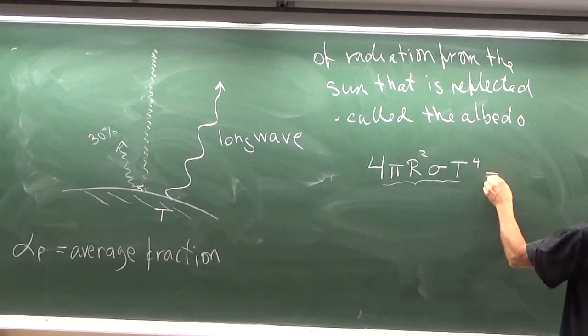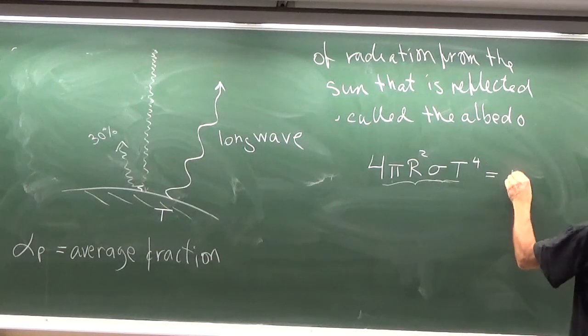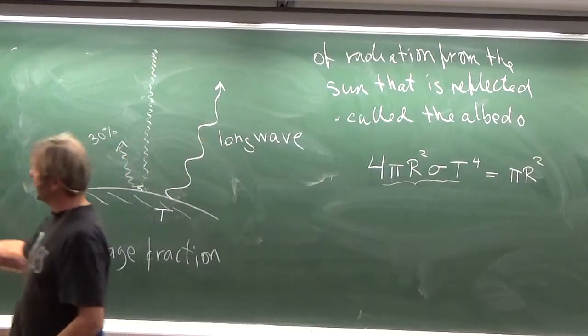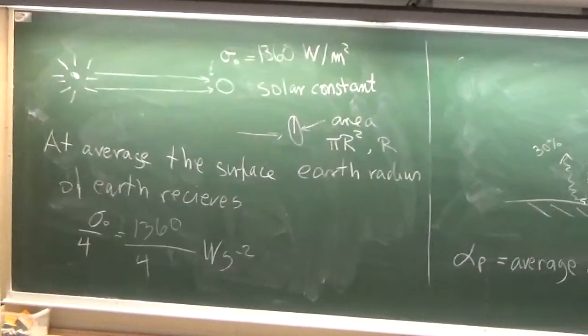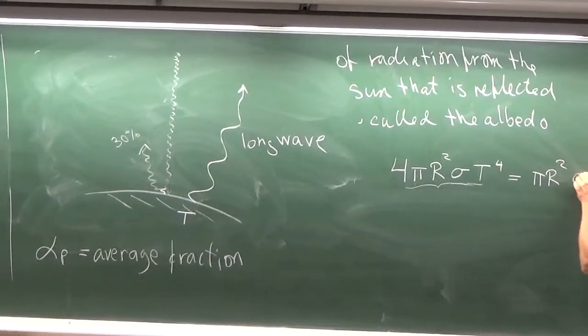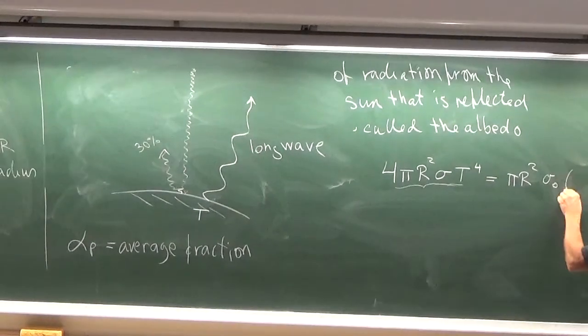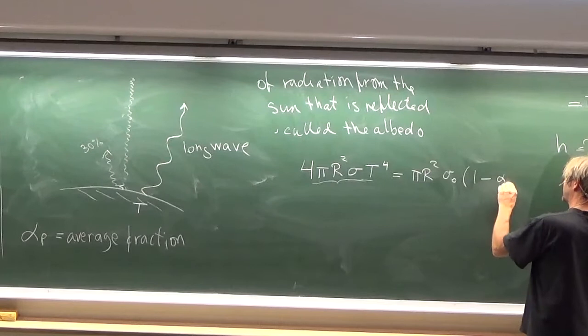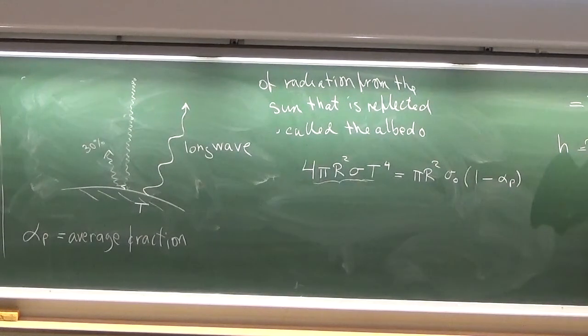This must balance pi r squared, which is the area of the incoming sun that hits Earth, times the solar constant, times the so-called co-albedo. This is the fraction that is absorbed.